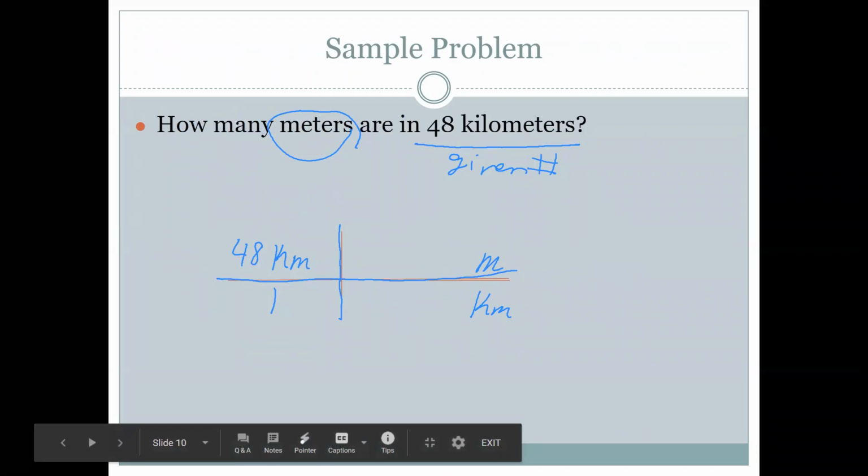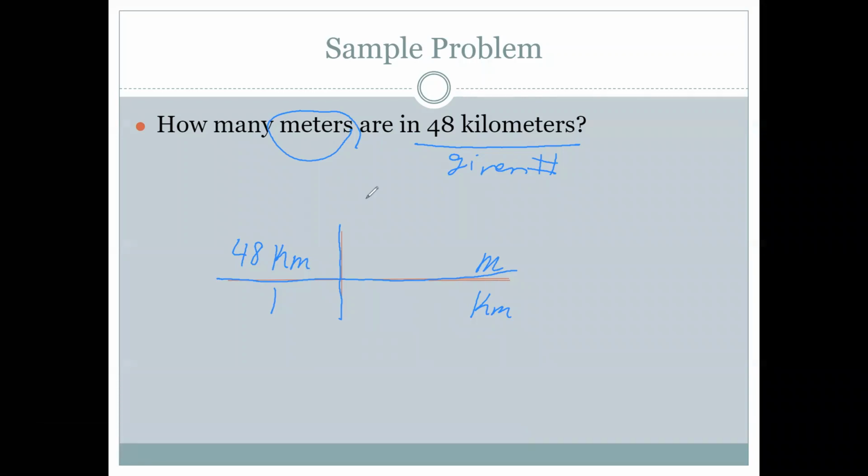If you look at your chart, you will find out that the prefix kilo means 1,000. So for every one of your bigger unit, in this case kilometers, because of that prefix kilo, you should know that there's 1,000 regular meters in 1 kilometer.